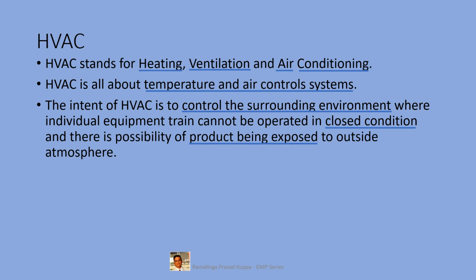This is because the product being processed is contained within the equipment like a reactor and not exposed to uncontrolled atmosphere. As the process moves forward towards the final product, there are possibilities that the product may get exposed to outside atmosphere. Examples include unloading after drying operation, milling, sifting and packaging activities. In such activities, it is necessary to control the surrounding atmosphere to protect the product from contamination.